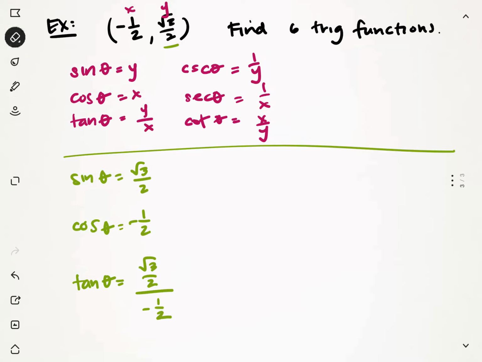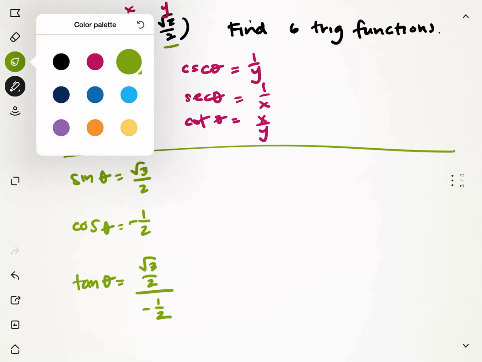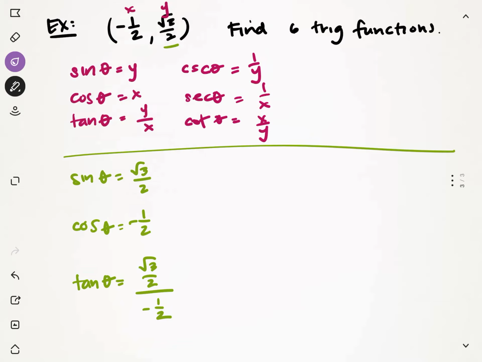Now, most of you are probably familiar with what to do with complex fractions. If you are not, from Algebra 2, that's fine too. Just remember that this fraction bar here means that we're dividing the top by the bottom. And going all the way back to the beginning of algebra, we know that division is the same as multiplying by the reciprocal. So we're going to take this number, radical 3 over 2, times the reciprocal of the denominator.